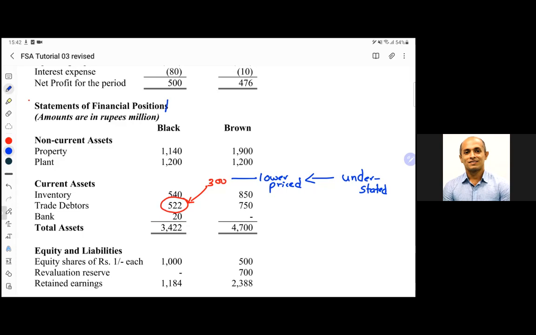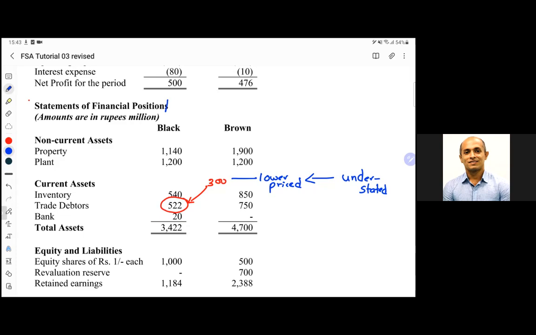For example, when the debtors are understated, the debtors turnover ratio is overstated and return on assets is overstated.